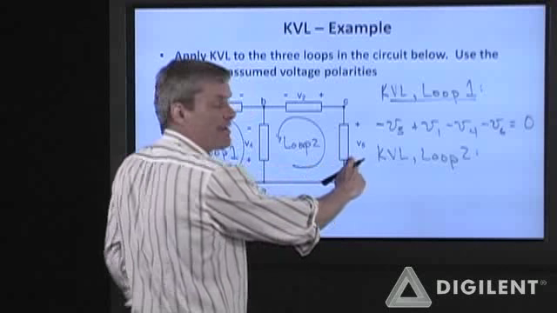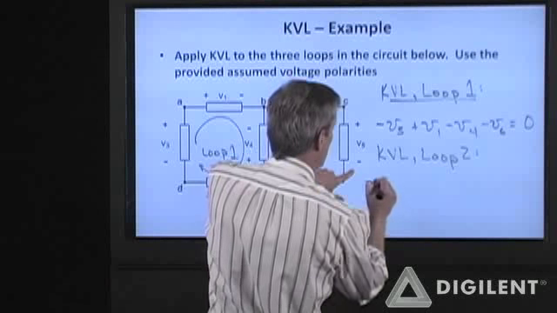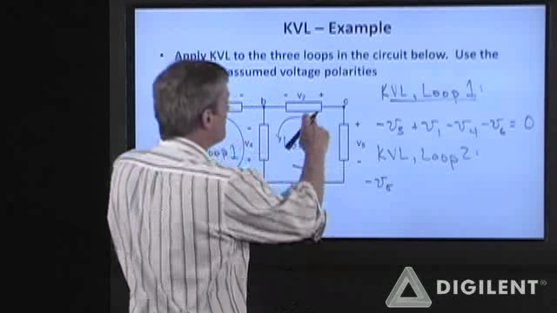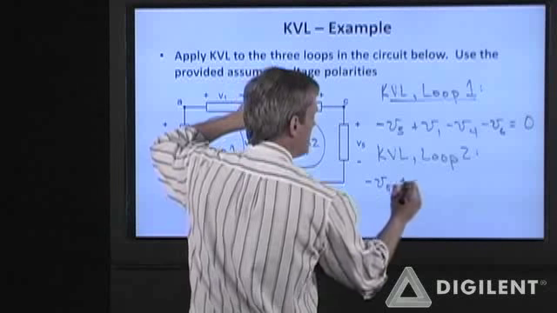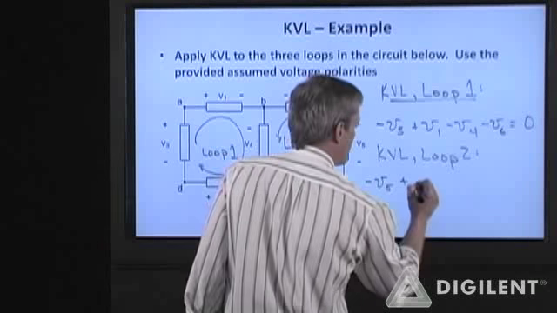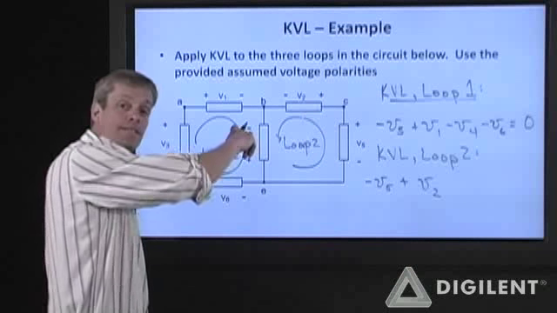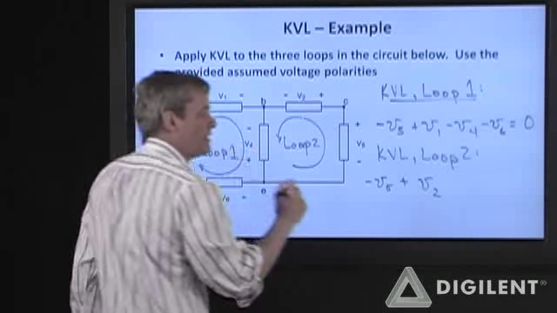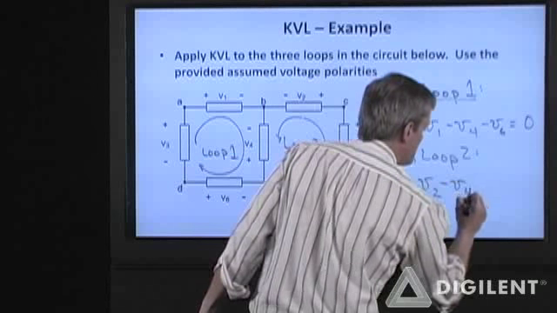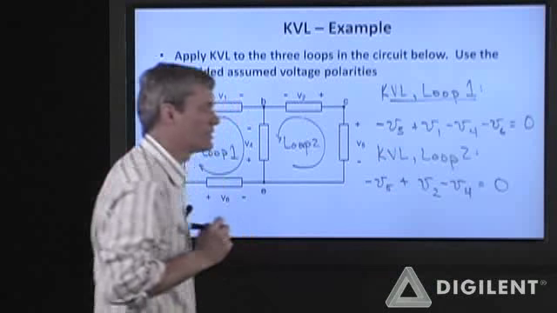I see V5 first. I've got a negative sign there. V2 comes next. I see its positive voltage node first. So that is a positive voltage difference. V4, I see the negative sign on its voltage polarity first. I will treat that as a negative voltage difference. Those sum up to 0.